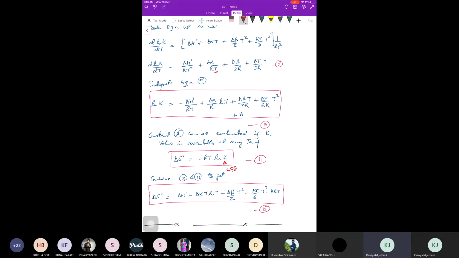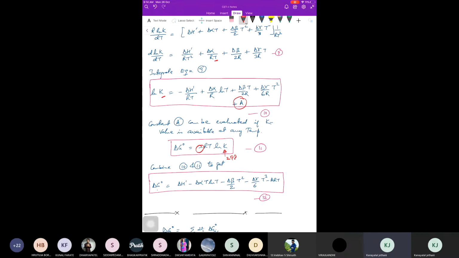What we get is delta G0 equal to, again, minus, this is minus here, so it becomes plus, plus delta H prime, RT cancels, minus delta alpha into T, R cancels, ln T, minus delta beta by 2, R cancels, into T square, minus delta gamma by 6 T cube, because T and R cancel out, minus A into R into T. So if you know one value of K at any temperature, we can find this constant A. Or alternatively, if you know delta G0 at one temperature, at 298 or whatever, you can find this value of A. Delta S prime we got from equation 7.